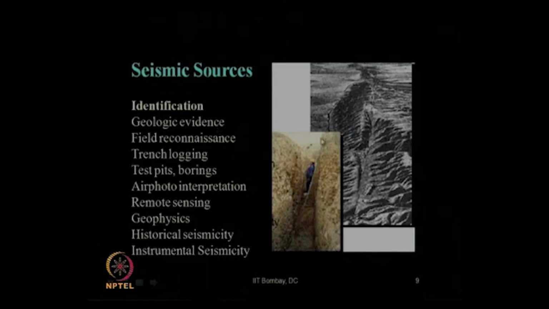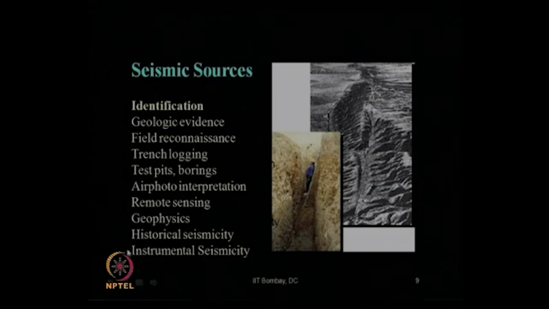You have to find out what are these seismic sources of this fault, etc. Geologic evidence of past earthquakes, field reconnaissance, that is, field survey you can do, trench logging you can do at a particular site to identify a fault, test pits and borings, air photo interpretation, you can have aerial photographs of a particular region to identify an open fault or the surface fault stress, remote sensing, using the geophysical methods, non-destructive methods, you can identify the fault.